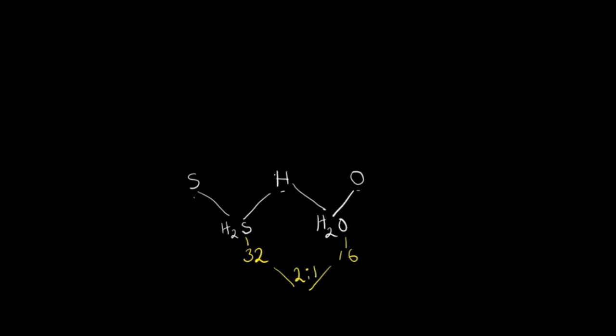That's 16 divided by itself, 1. 32 divided by 16 is 2. So it's going to give us 2:1. So now, this is our reference, 2:1. When sulfur combines with oxygen, they either give us exactly 2:1 or a multiple of 2:1. If that does not happen, then the law of reciprocal proportion does not hold.